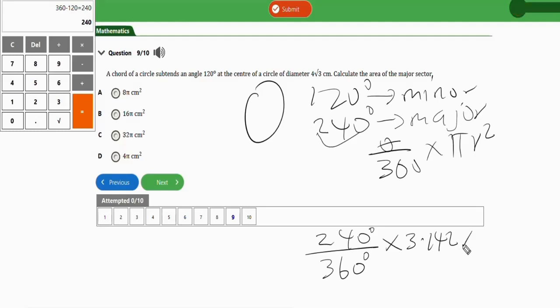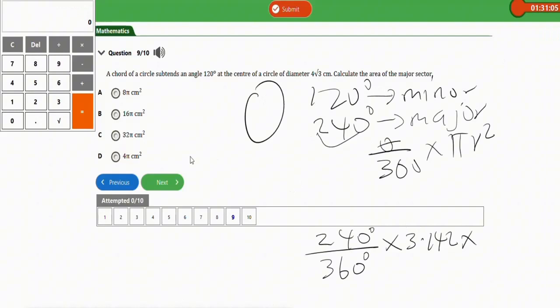Now in this question we are given the diameter, they didn't give us the radius. Now note that in the concept of circle, diameter is twice the radius. So now that we have the diameter, to get the radius, you divide the diameter by 2. Let's simplify it so that we do not get confused with this solution.